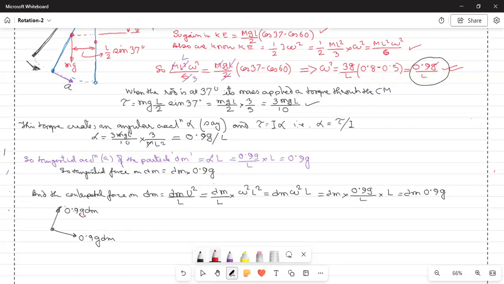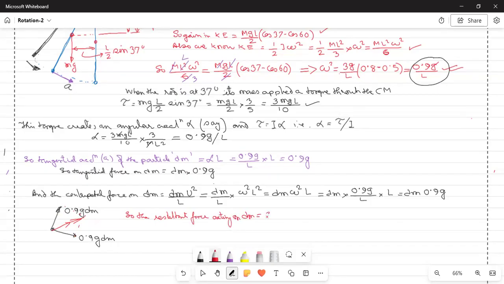So what is the resultant force acting on dm? Since both of them are the same, we have to just multiply by √2.